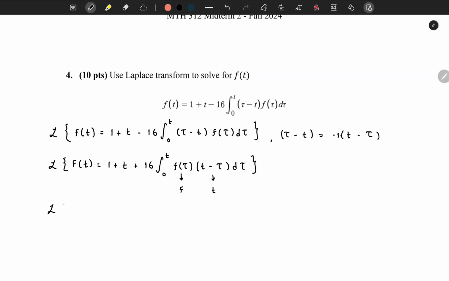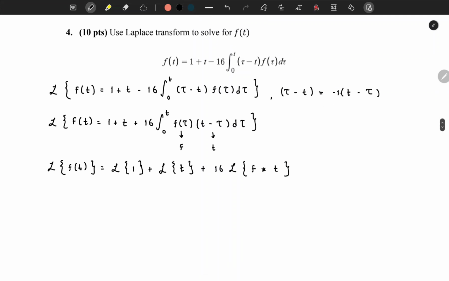So the Laplace of f of t equals the Laplace of 1, plus the Laplace of t, plus we can keep our constant out, plus 16 times the Laplace of, since we recognize this as convolution, the convolution of f and g, where we have f and our other function is just t.